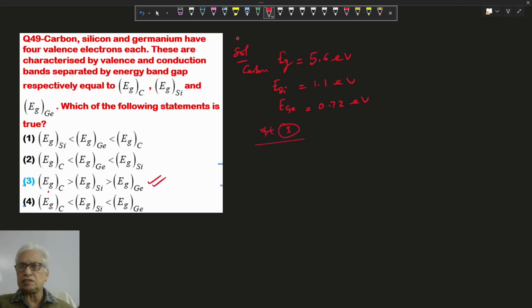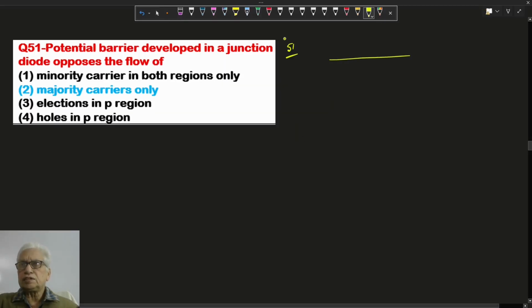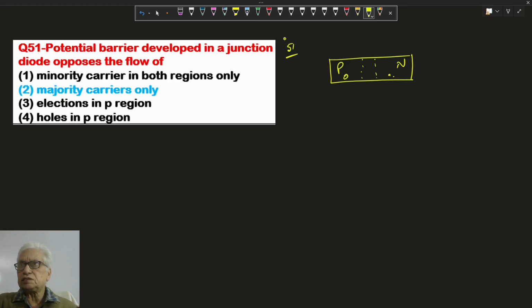Option 3 correct. Hello, in this question, let us say formation of a p-n junction diode, N region here and P region. Here holes are there, electrons are there. So due to the diffusion, holes are moving towards the N side and electrons towards the P side. And these are the majority carriers. And because of this, what will happen?